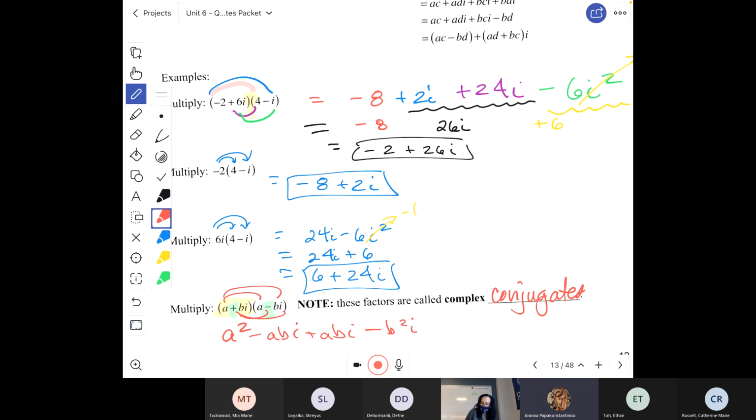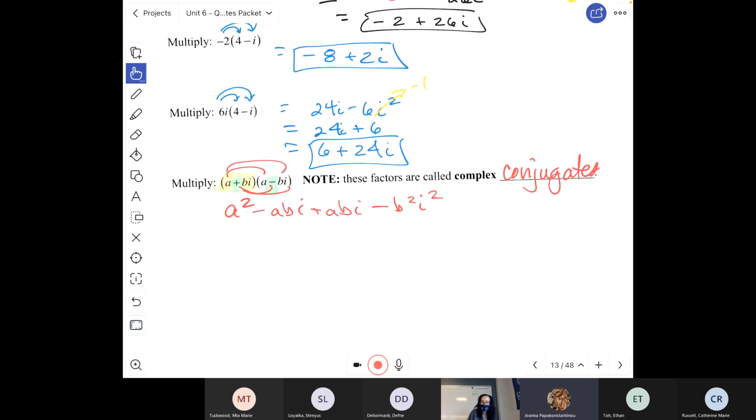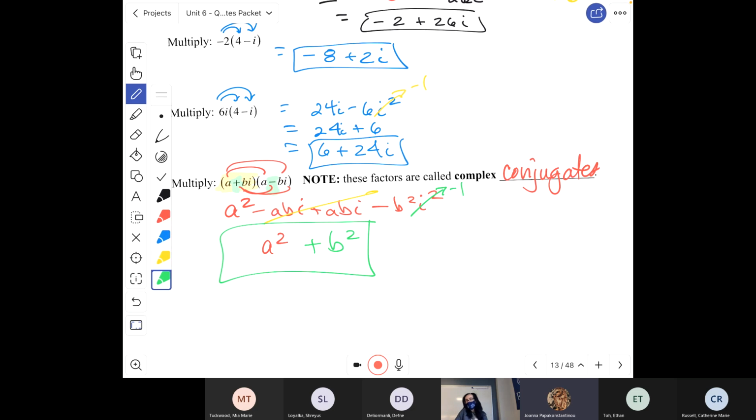Minus b squared i squared. You see how I FOIL? Okay, so then these are opposites, leaving me with what? a squared plus, well, this becomes -1, a squared plus b squared. Look at that, the sum of two squares.